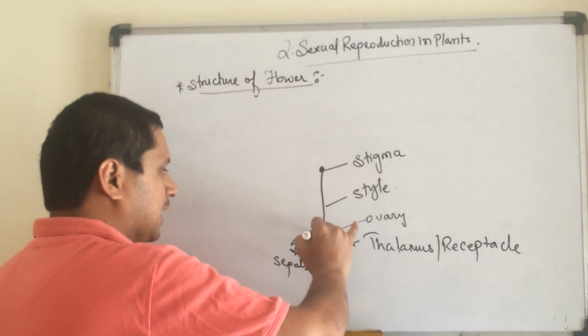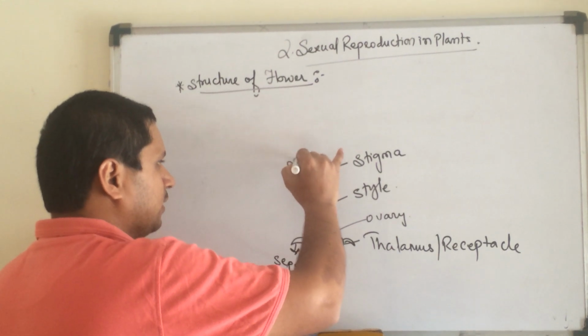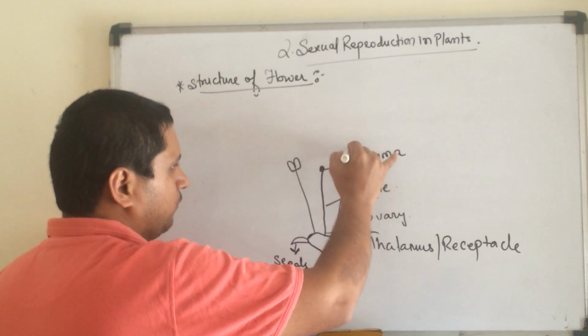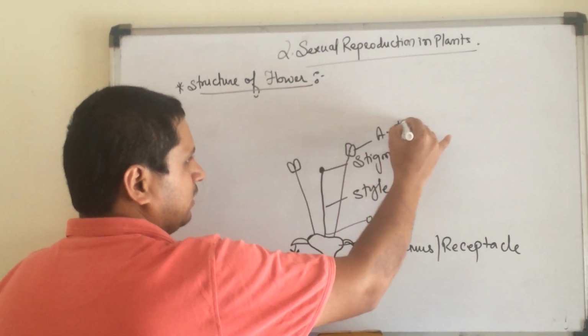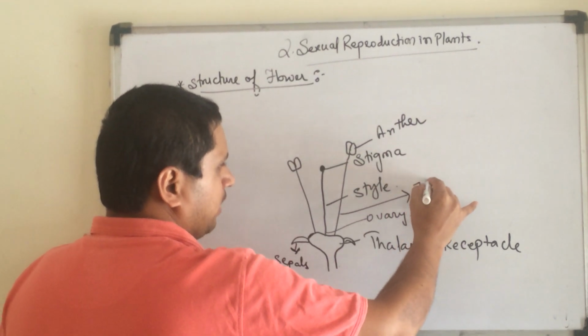Now coming to the male reproductive part, that is the anther and the filament, that is the stamen. So this is the anther and this is the filament.